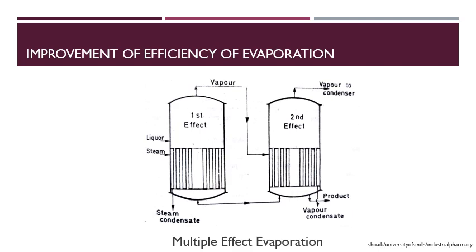Now here is a diagrammatic representation. If you see, this is the first container named the first effect, and this is the second vessel named the second effect. The liquor to be evaporated is present in this first vessel, and for the boiling of this liquid we are using steam from here.